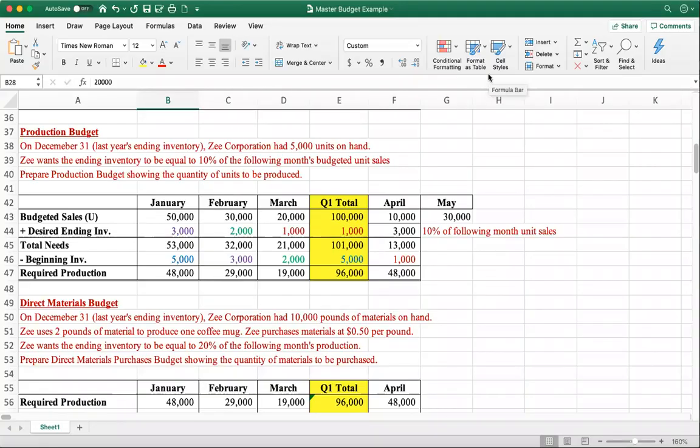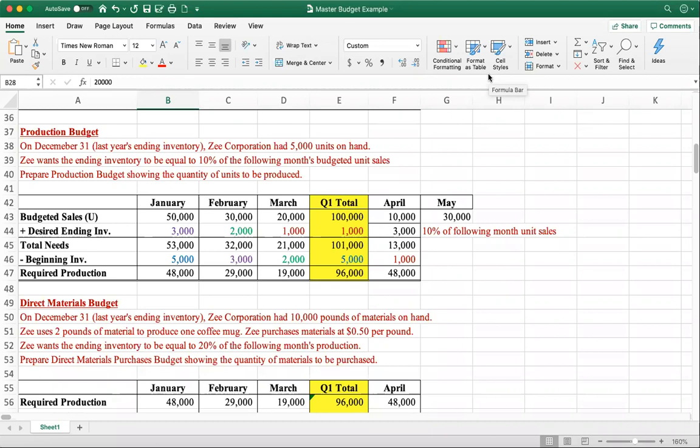We now move on to the production budget. On December 31st, last year's ending inventory, Z Corporation had 5,000 units on hand. So again, last year's ending inventory becomes the beginning inventory of this year. Z wants the ending inventory to be equal to 10% of the following month's budgeted unit sales.